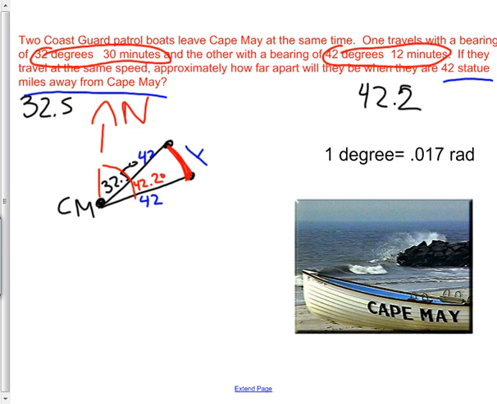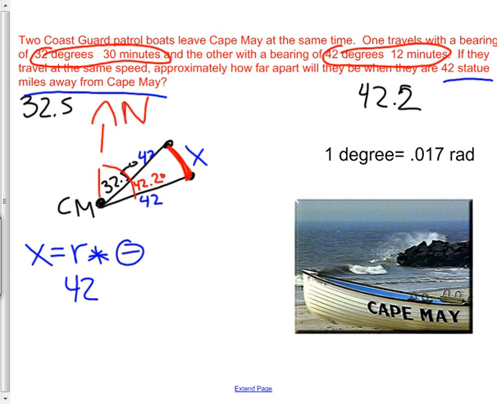So if we want to find how far they are away from each other, we can say that x is equal to the rate multiplied by our angle. They're traveling at the same speed, so our rate is just going to be 42.